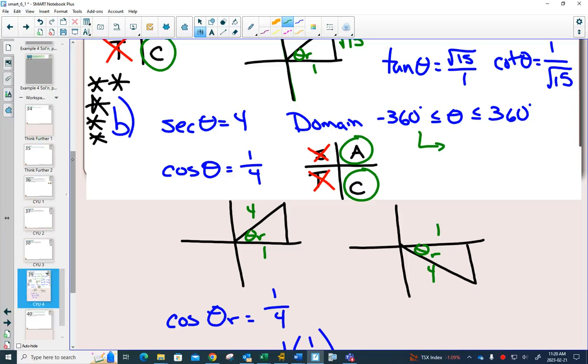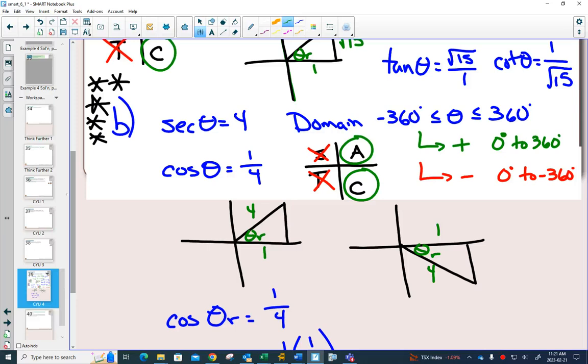So when you get a domain that says from negative 360 to 360, you'll find it easier if your brain splits this up into positive angles and negative angles. Positive angles would be 0 degrees to 360 degrees, and negative angles would be 0 degrees to negative 360 degrees.